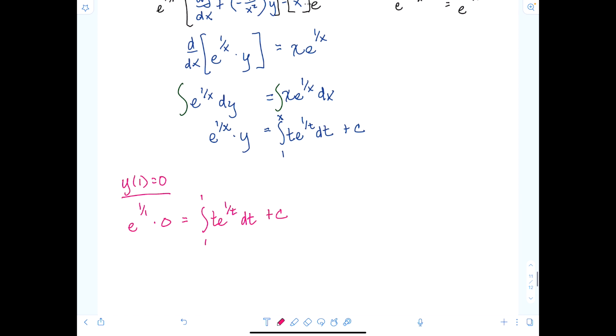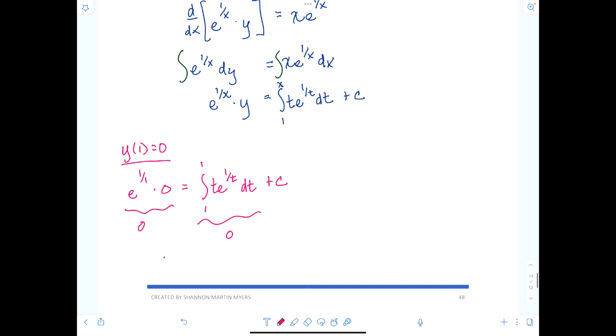Well, when you don't have a change of x, the whole integral zeroes out. So that's 0, and then the left-hand side is 0. So we end up with 0 equals c.